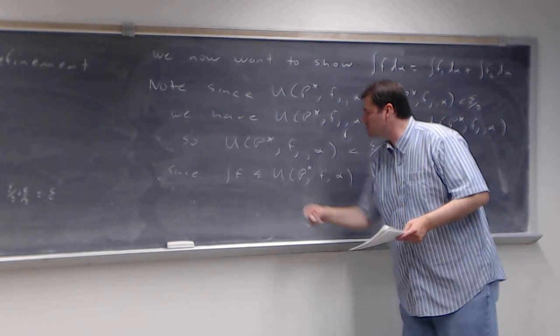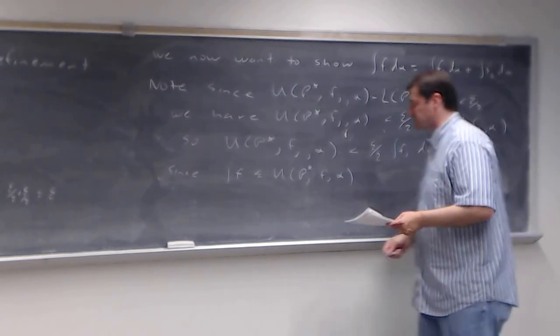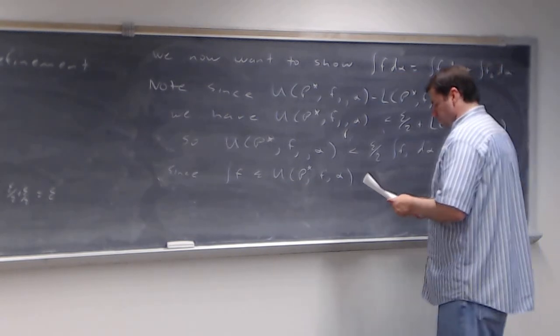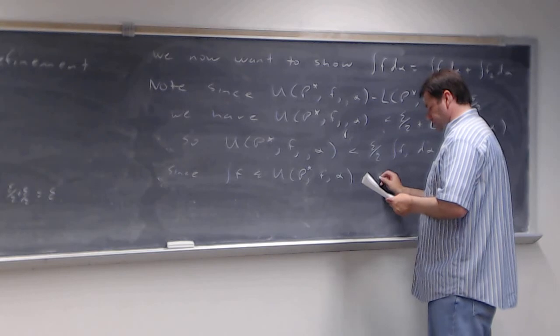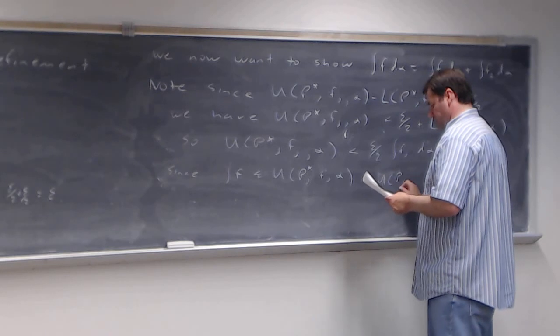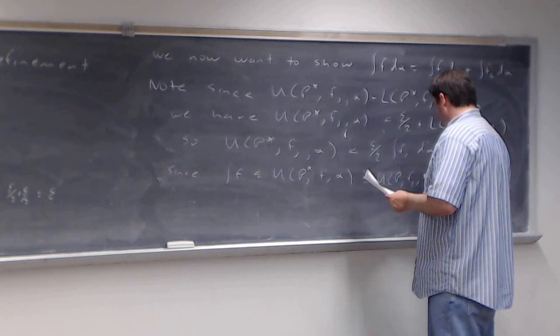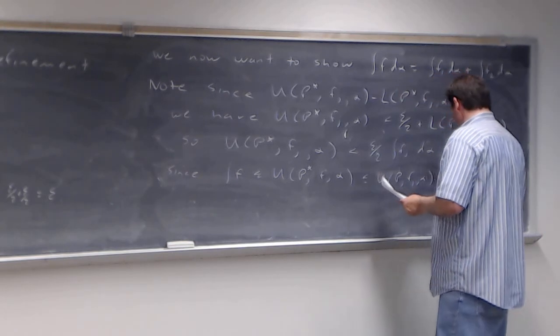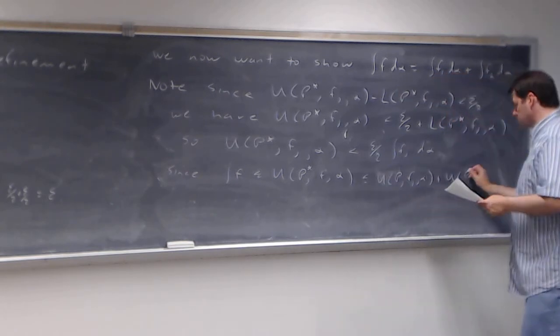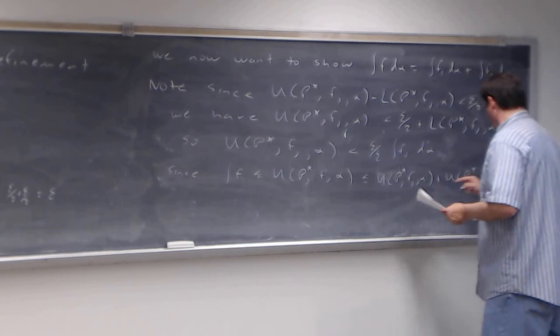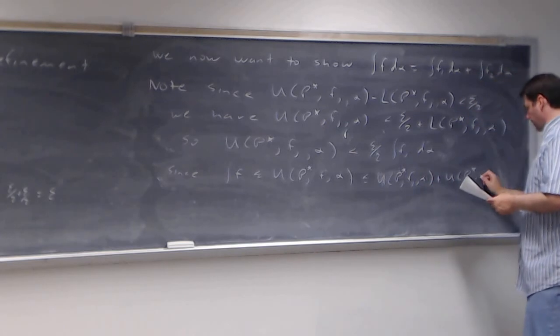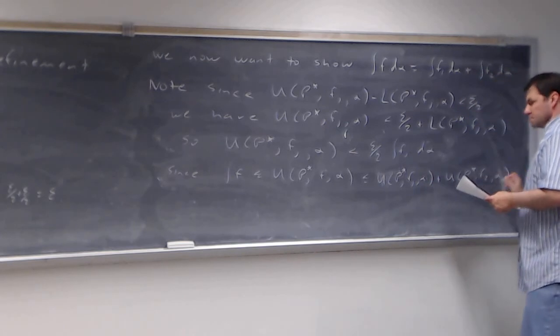Remember, this Riemann-Stieltjes integral is the minimum of all of these partitions. And then this is less than or equal to the upper sum of f sub 1 alpha plus the upper sum of the refinement partition with f sub 2 of alpha.